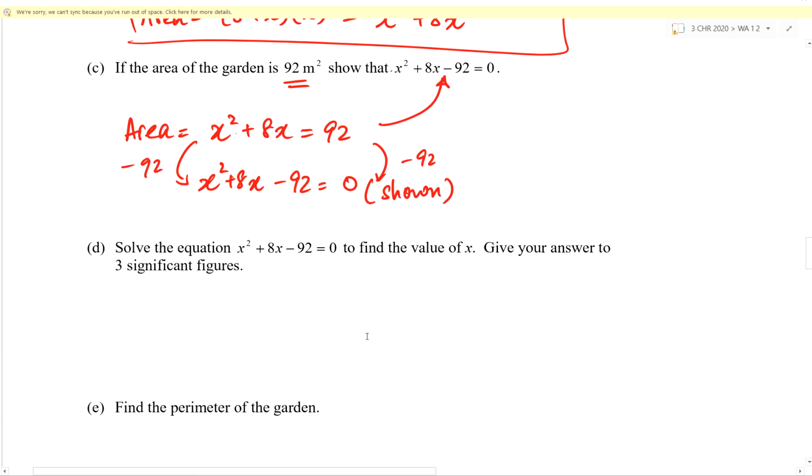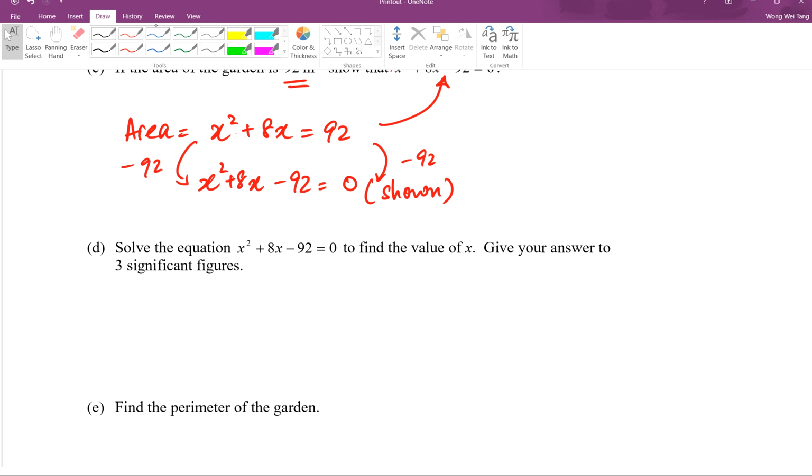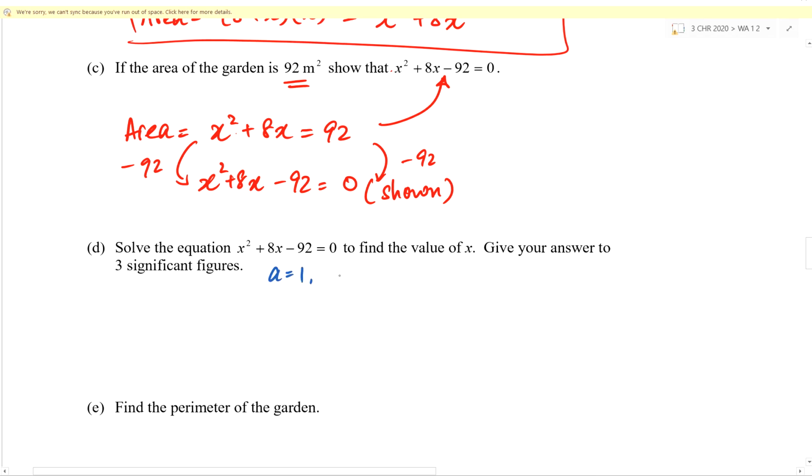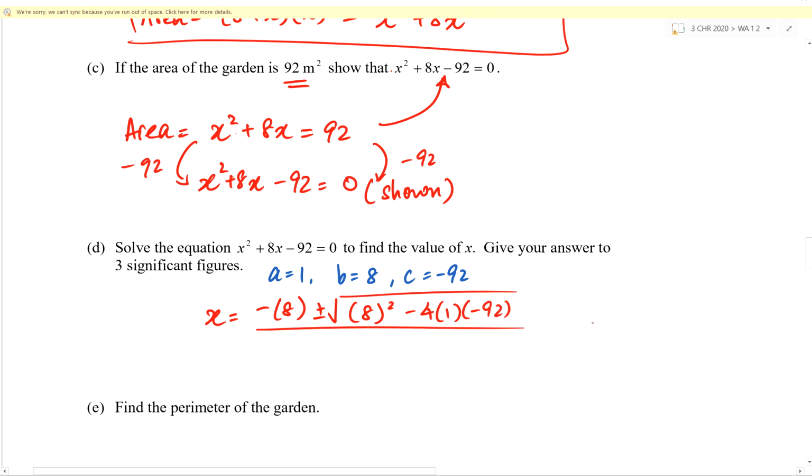So the next part is to solve. Again, identify your values of a, b, and c. A is 1, b is 8, c is negative 92. X will be minus 8 plus minus square root 8 squared minus 4 times 1 times negative 92, over 2 times 1.